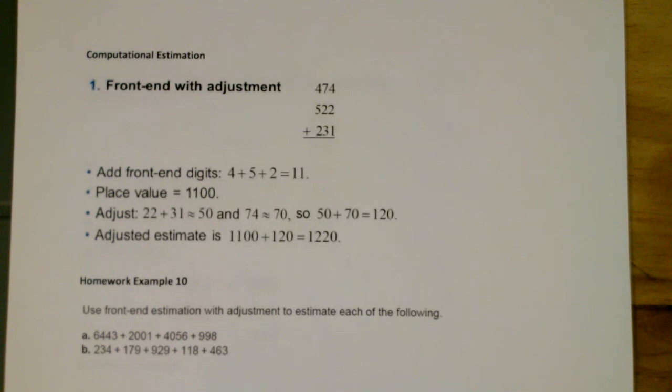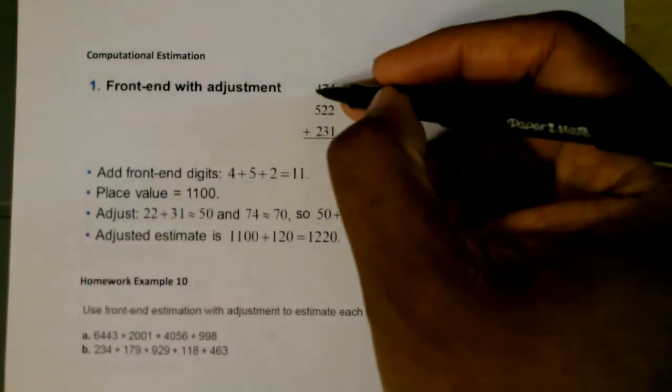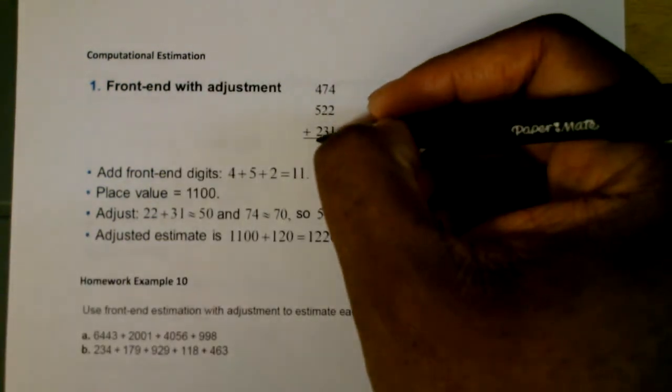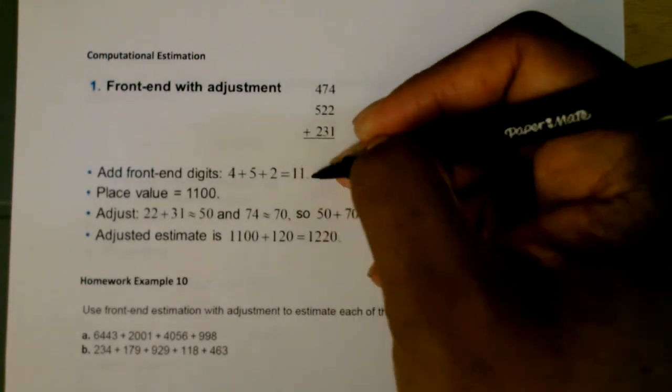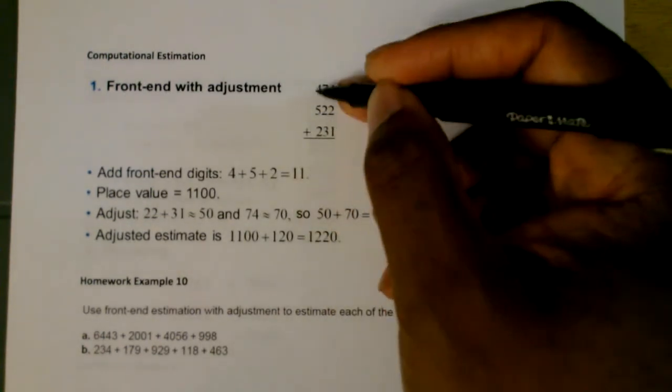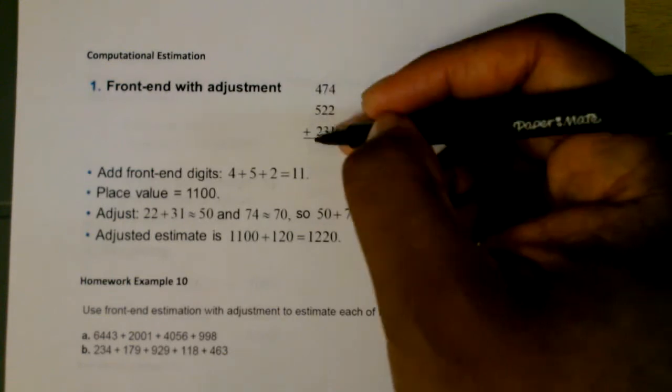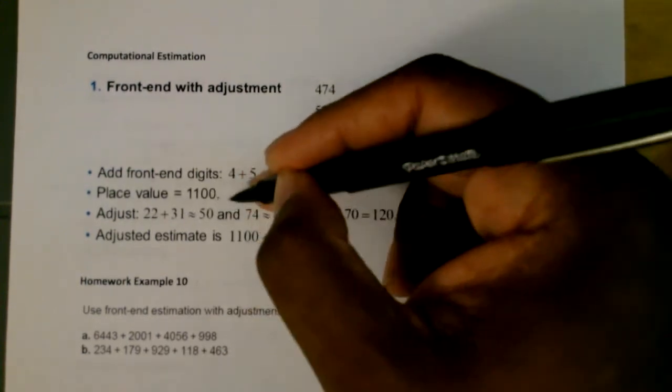So starting with front end with adjustment, let's say we had 474, 522, and 231. We want to add those numbers together. The way we use the front end with adjustment approach is to add the front end digits, like 4, 5, and 2. That would be 11. And the place value for those is in the hundreds place. So that means this would be 1100.